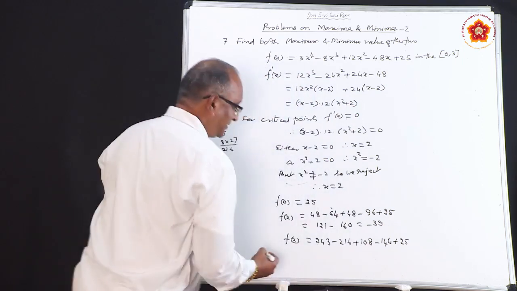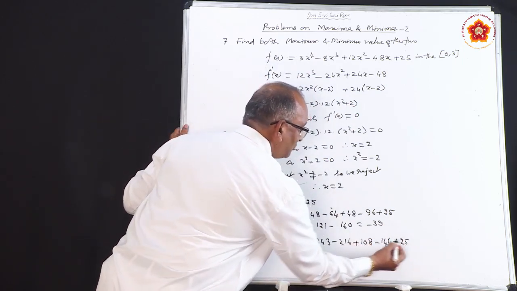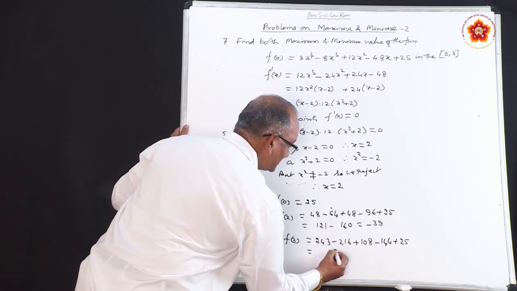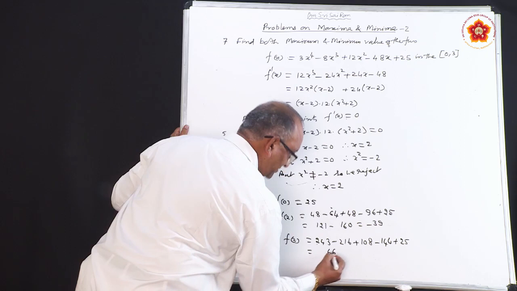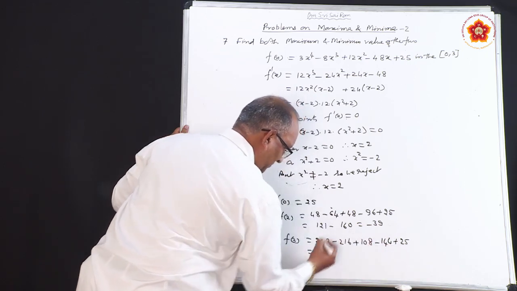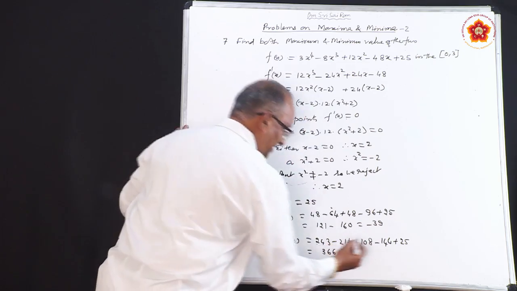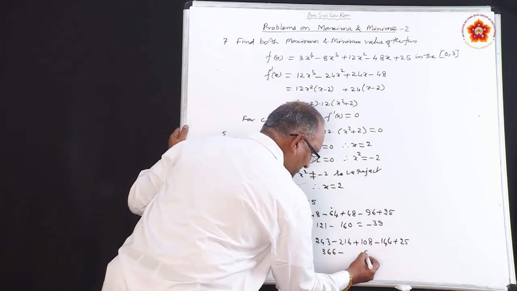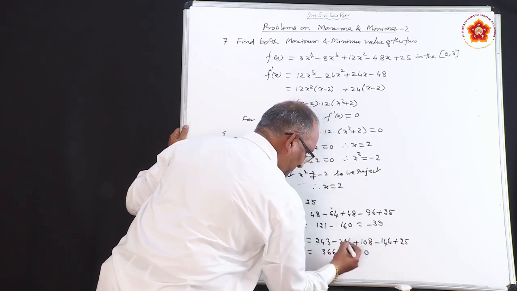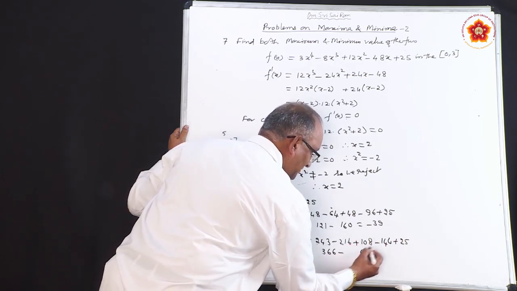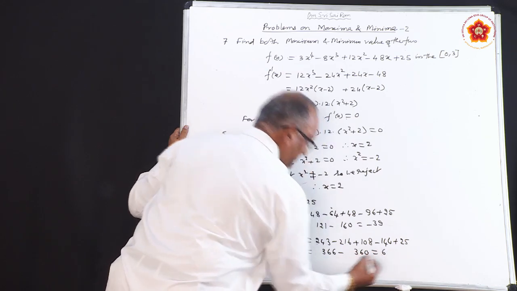Once again add the terms with positive sign. So, the positive terms add up to 16 and the negative terms add up to 10, and the difference gives us, the answer is 6.